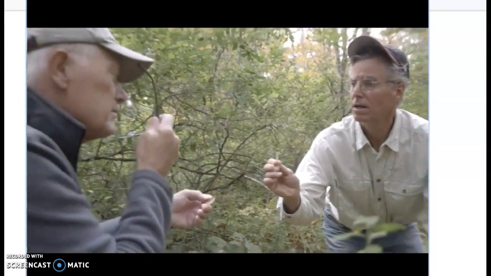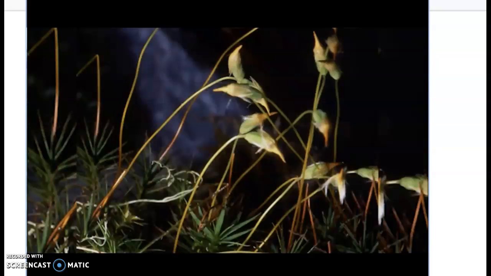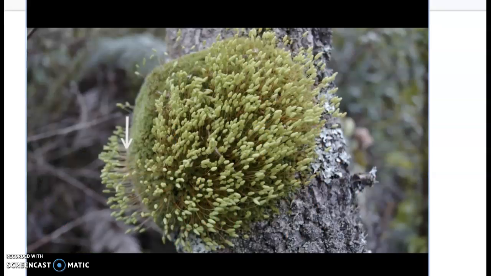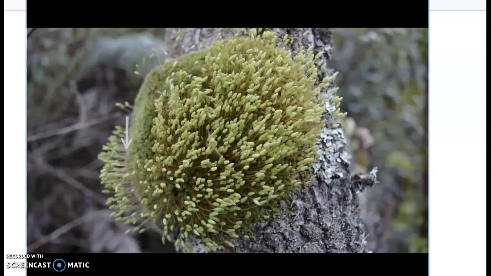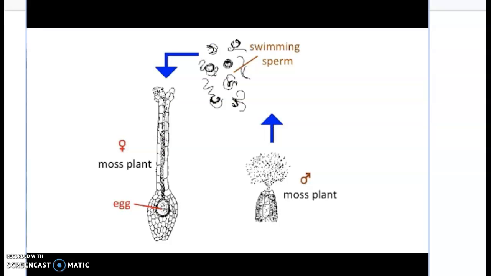In fact, the only part of a moss that has the full complement of genetic material is a skinny stalk called a sporophyte. And here's another peculiarity of mosses. Instead of making pollen like other plants, they produce sperm like animals. After a rain shower or heavy dew, sperm swim to another moss plant to fertilize its egg.